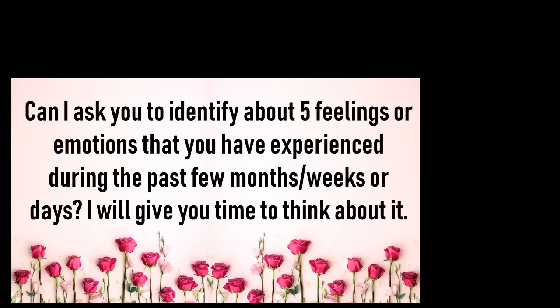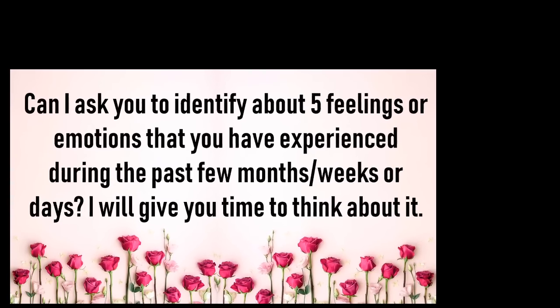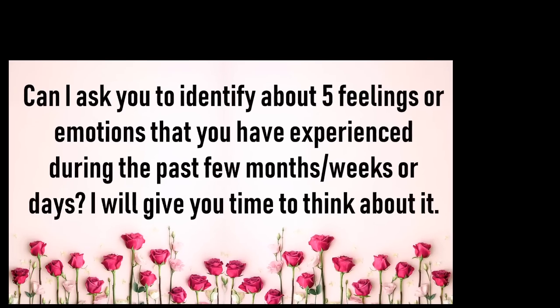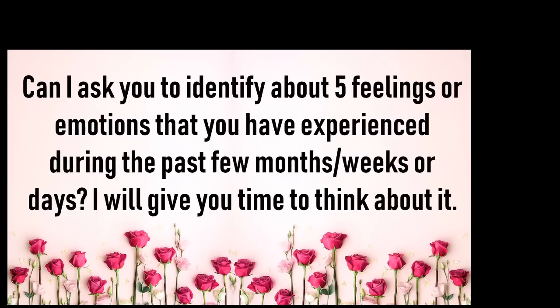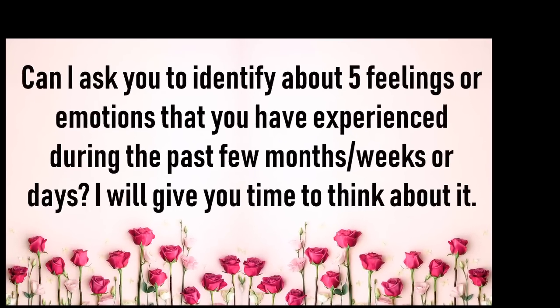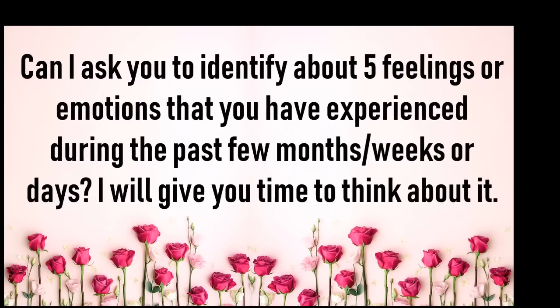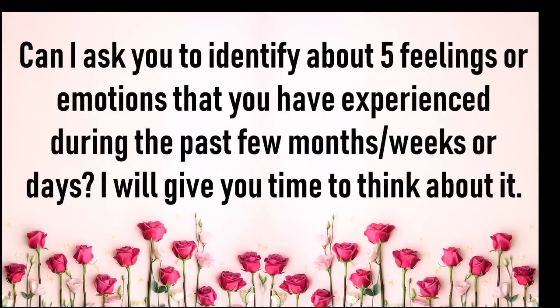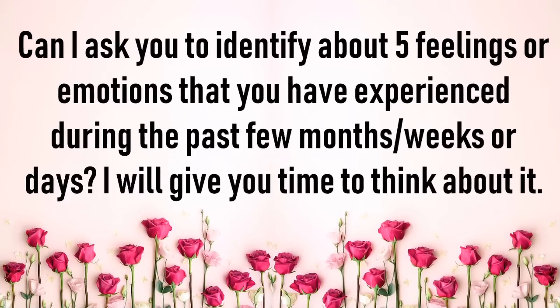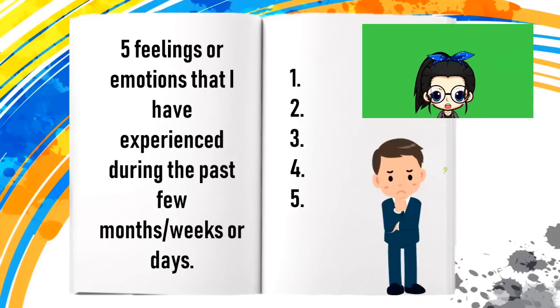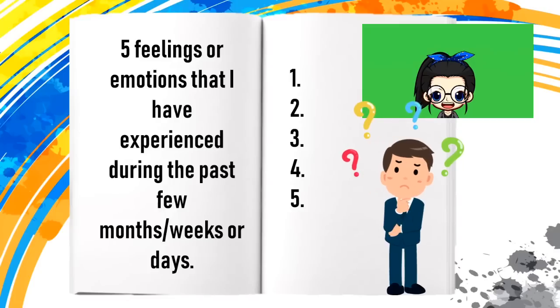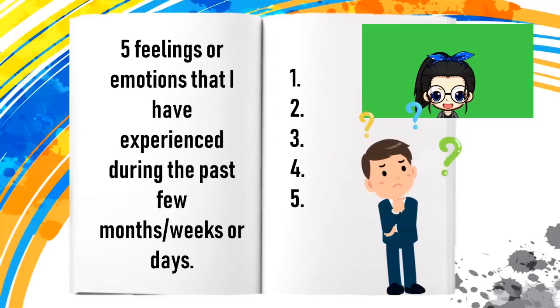Can I ask you to identify about five feelings or emotions that you have experienced during the past few months, weeks, or days? I'll give you time to think about it. You can write down the five feelings or emotions on a piece of paper.